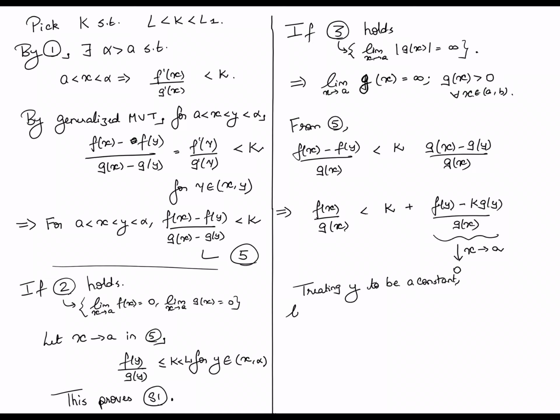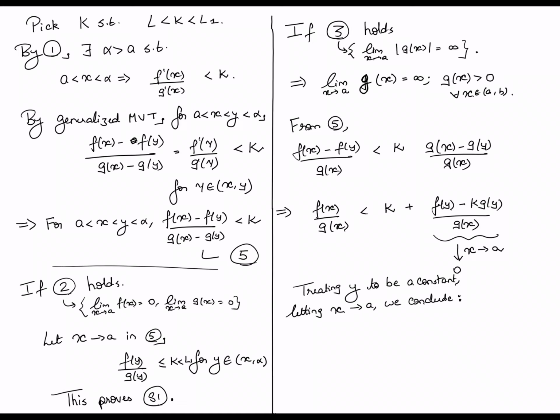letting x tend to a, we conclude the following. So f of x by g of x is less than k plus something that tends to 0 as x tends to a. What does that mean? That means that once x is sufficiently close to a, f of x by g of x should be less than k plus something arbitrarily small. And L1, remember, is larger than k.